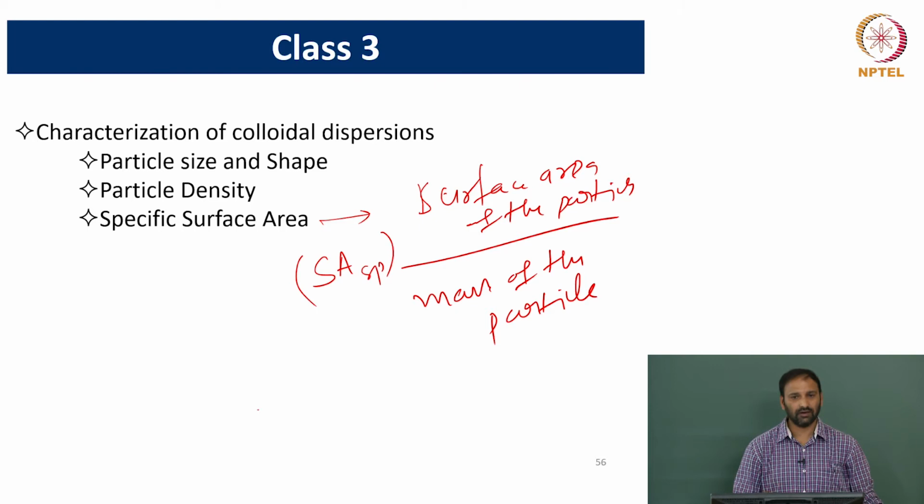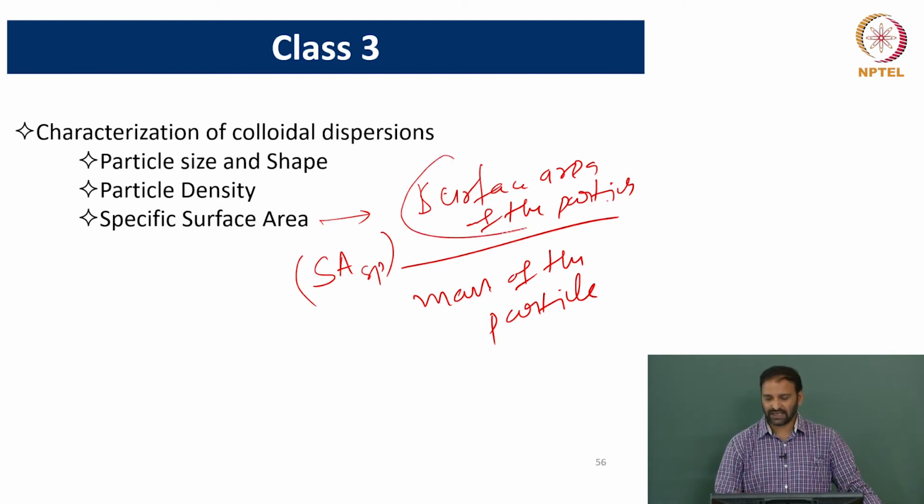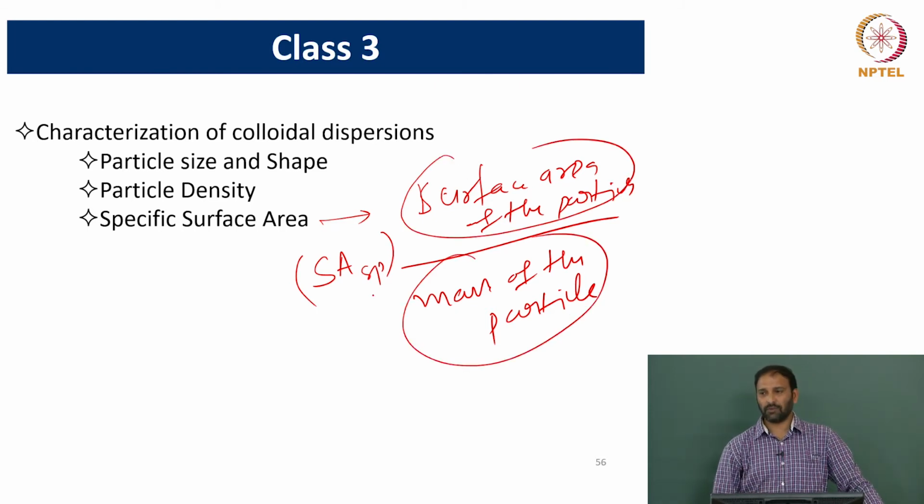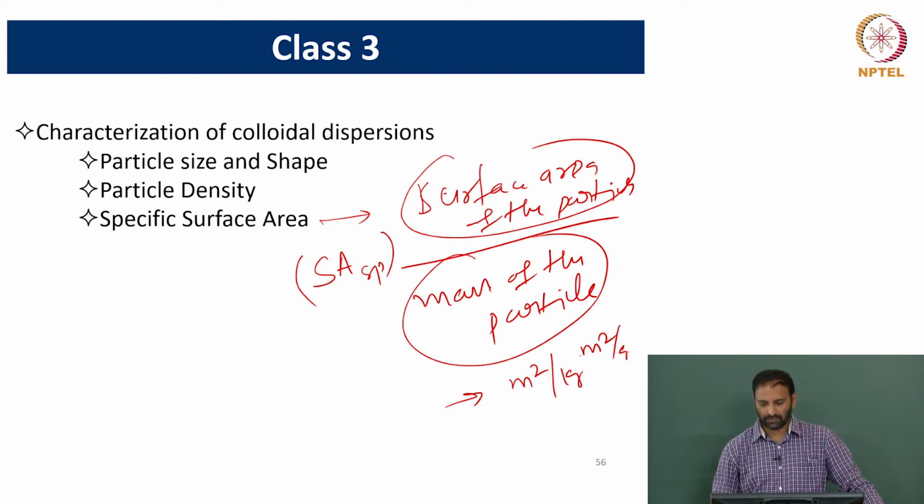So that is the surface area of the particle divided by the mass of the particle, and it typically will have units of meter square per kg or meter square per gram. And this quantity is actually useful if people are trying to use colloidal particles for adsorption studies and things like that, where the surface area becomes important.